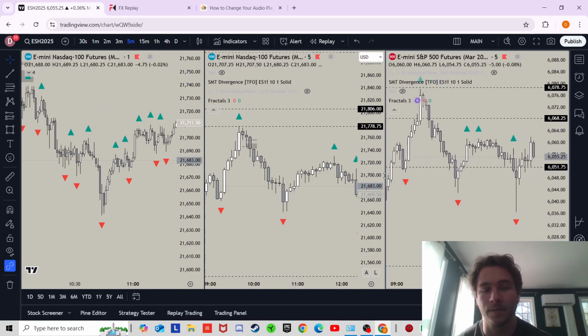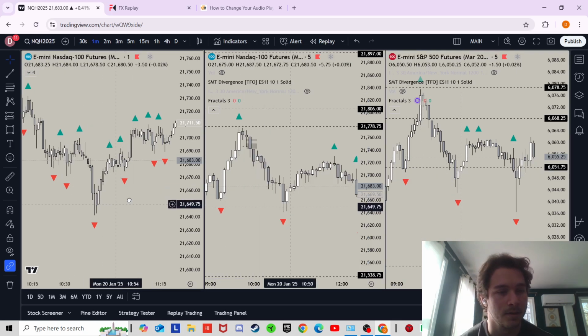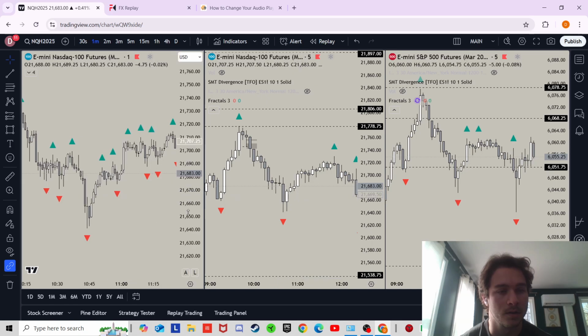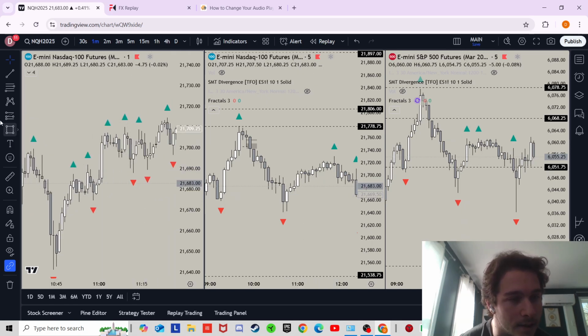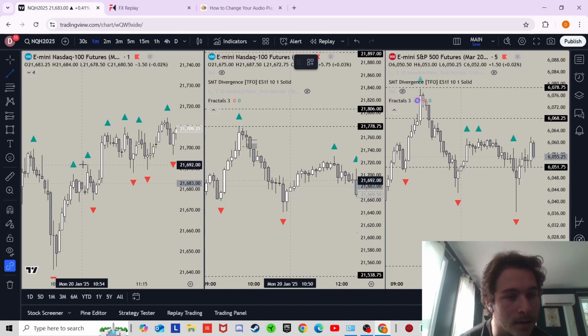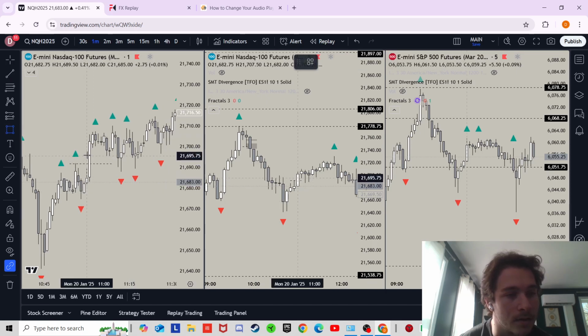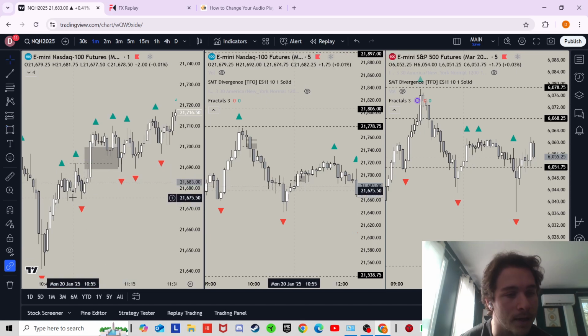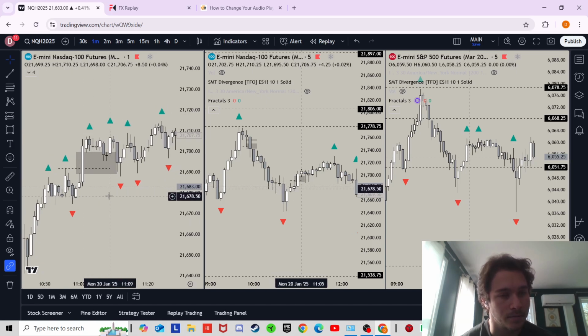So for example, if this was at 9:30, this took it out right here, I would take this, right? It took out, made a high, low, high, and then a low. So that's a fractal.